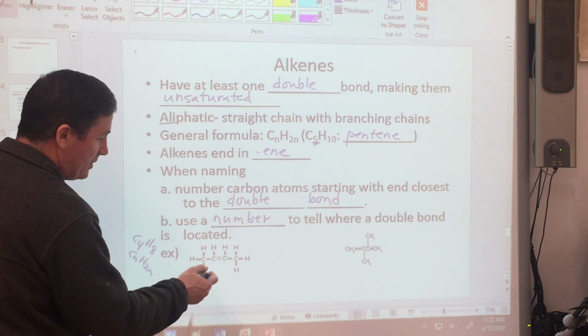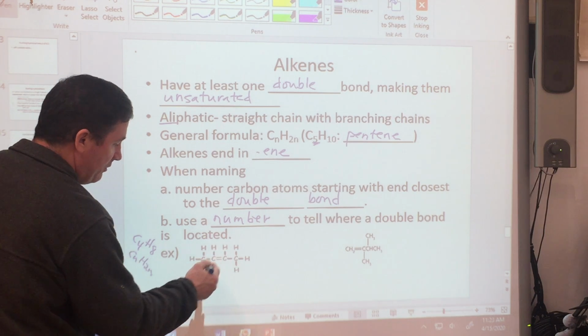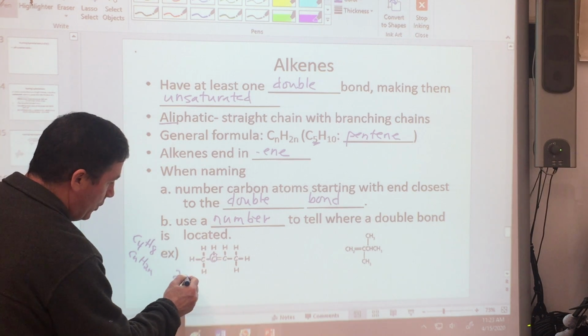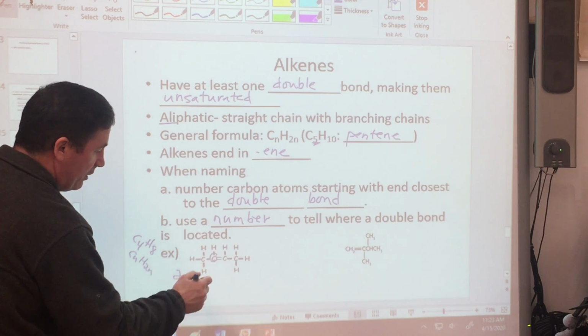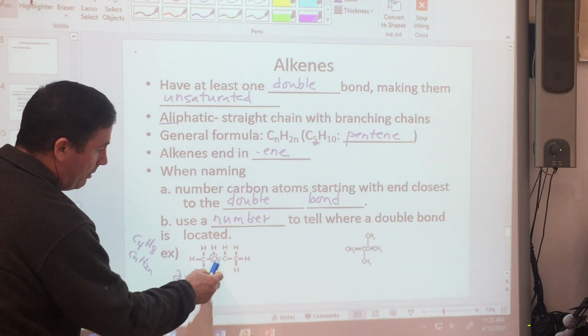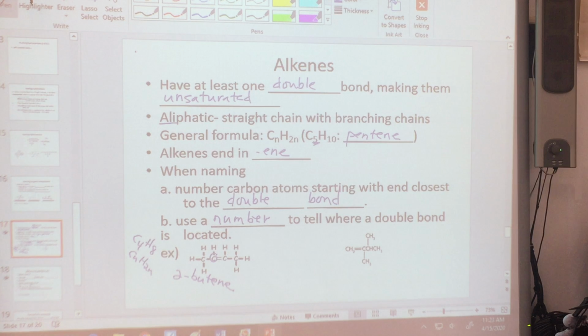So it doesn't matter in this case. So I'm going to name this 1, 2, 3, 4. So it's 4, but I have to name where the double bond is. So this is 2, and my long chain here is 4, and 4 is but, and I have a double bond, so it's butene. 2-butene.